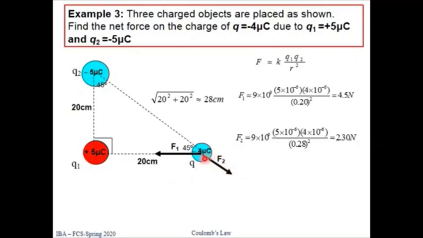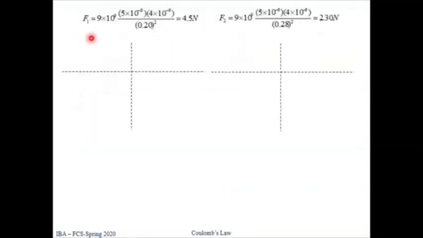Therefore, we have to resolve it into its components. This vector must have two components, x component and y component. These values of F1 and F2 have been determined in previous slides.